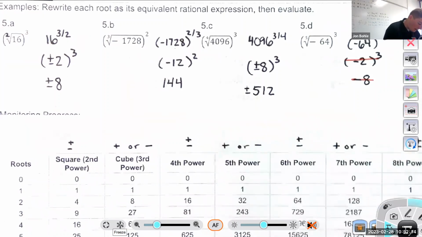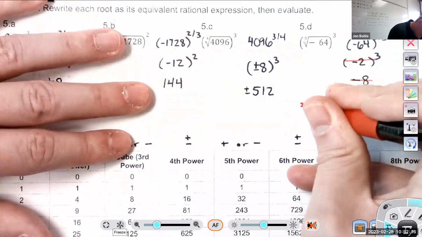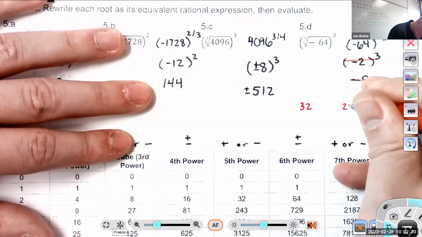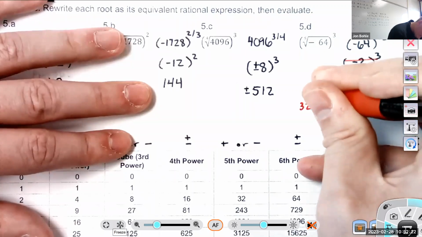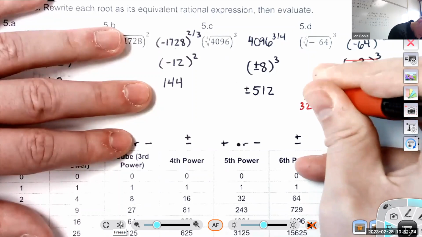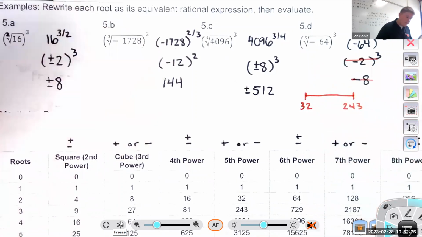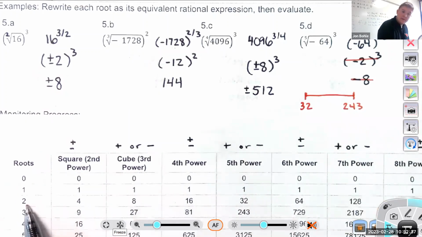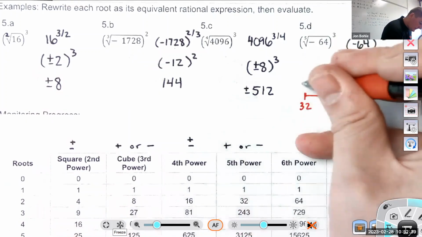It's going to be in between here. So I'm going to make a little number line. Okay, so 32 is on the left, 243 is on the right. What is the fifth root of 32? 2.